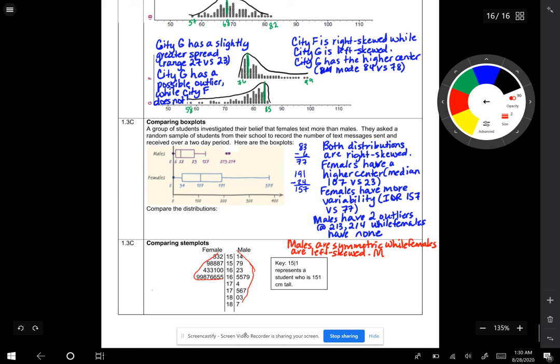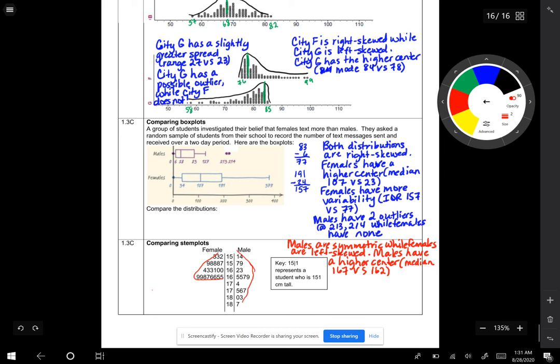So males ended up having a higher center. I calculated it, and the median was 167 versus 162.